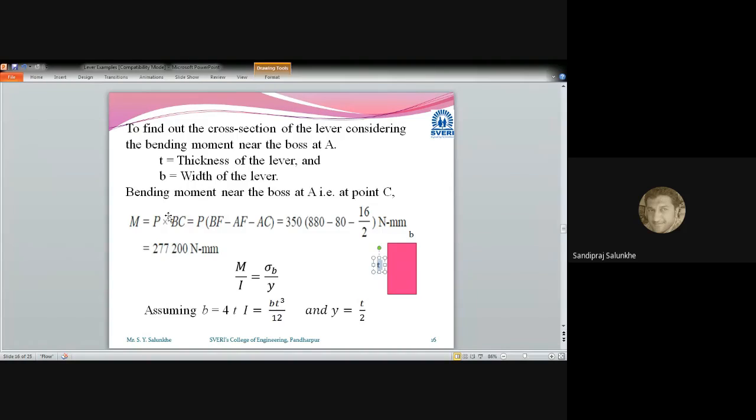So first of all we are going to calculate the bending moment at point A, because at point A the maximum bending may occur in that lever.